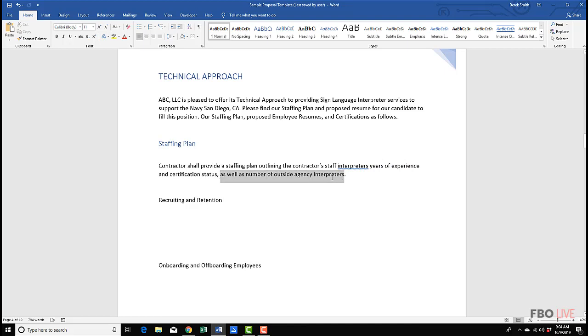What is outside agency? Maybe those are interpreters that don't work directly for your agency, but they're more like on a 1099 or something. Maybe if you're in this particular field, let me see here. But they're asking as well as a number of outside interpreters.